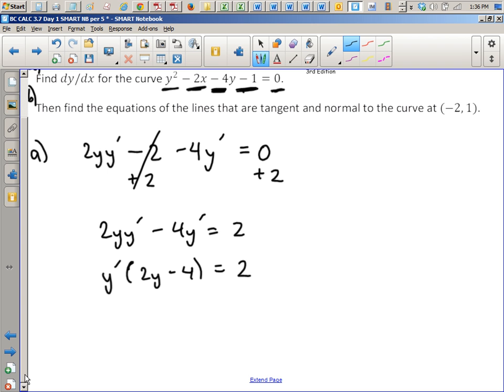And divide. So y prime is 2 over 2y minus 4, or you can think of that as just 1 over y minus 2 if you divide by 2 top and bottom.